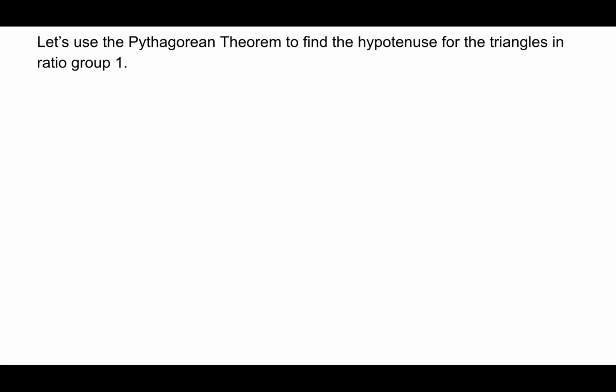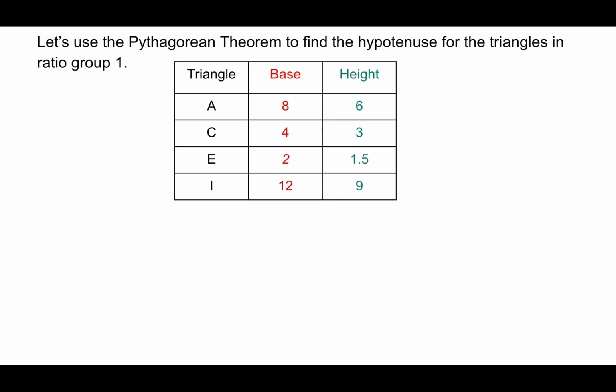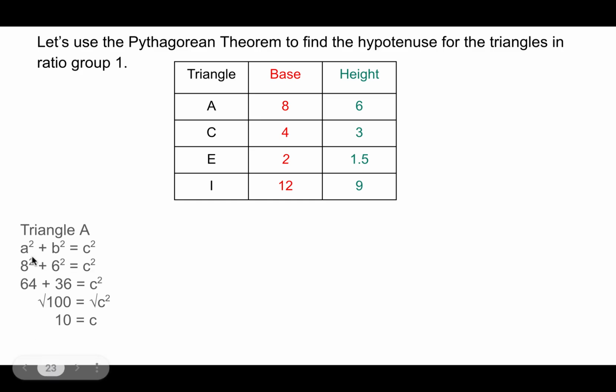Now let's use the Pythagorean Theorem to find the hypotenuse for the triangles in ratio group 1. So in ratio group 1, I have the base as 8 and the height as 6 for triangle A. Remember that to find the hypotenuse, we need to square the legs, add them together, and then find the square root.